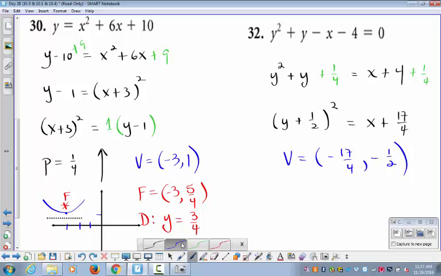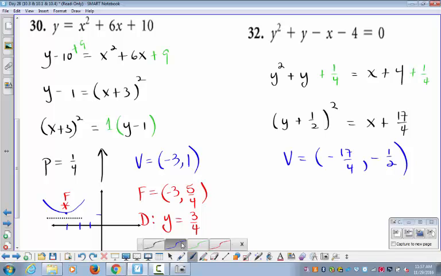You'd rather use mixed numbers? Decimals? Don't use decimals. You can use fractions or mixed numbers. Don't use decimals. Use decimals, you never know what's going on. You never know if it's rounded or unrounded.